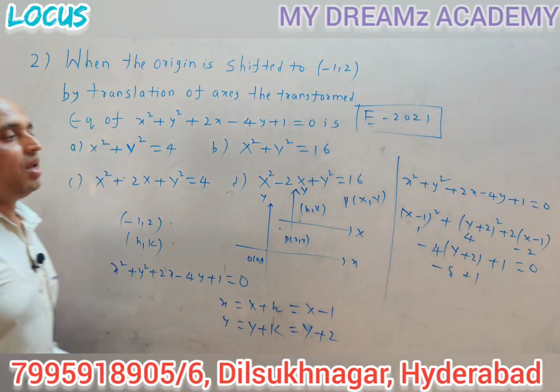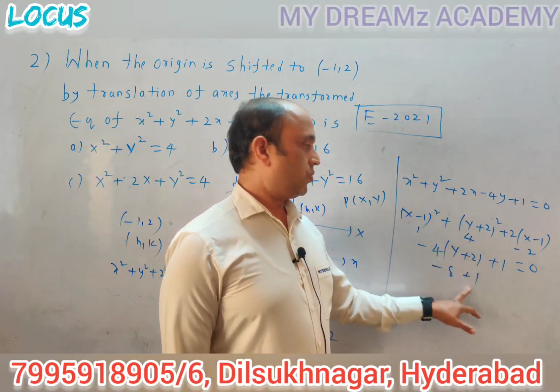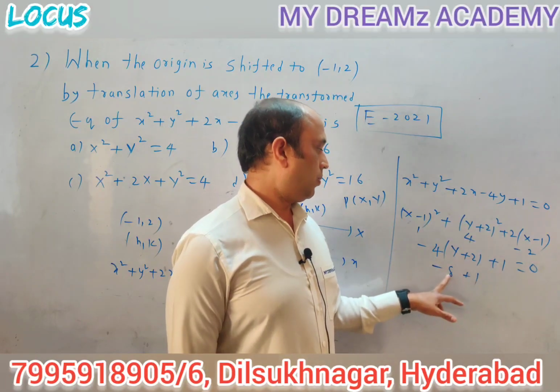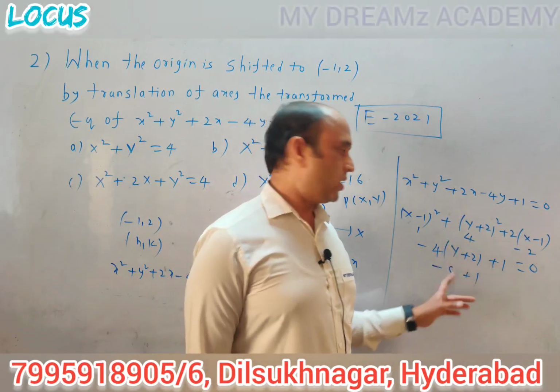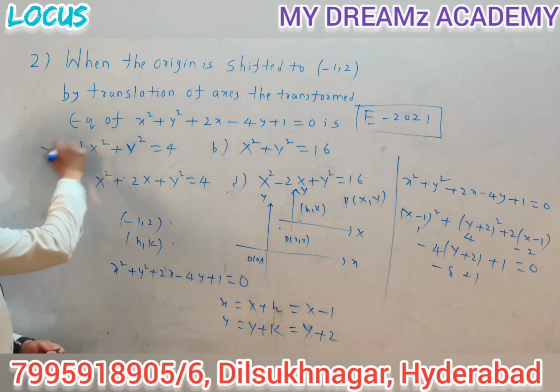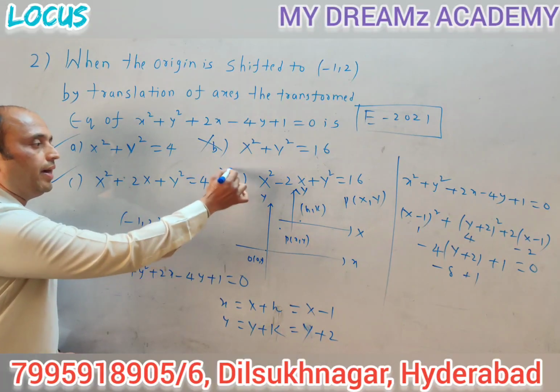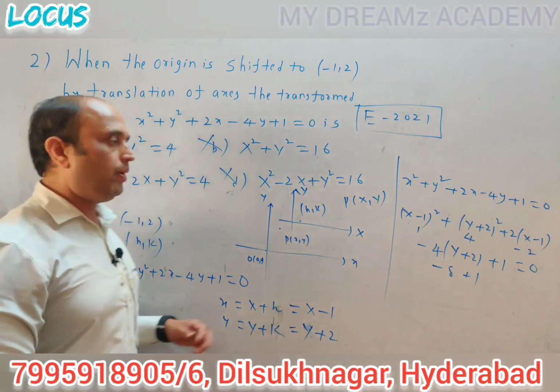So the total constants are 1 plus 1 is 2, 2 minus 2 gets cancelled, minus 8 plus 4 is minus 4. Send minus 4 to that side. So either option A or C is true, and we can delete B and D.